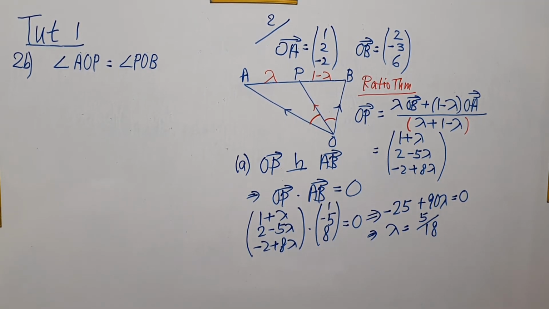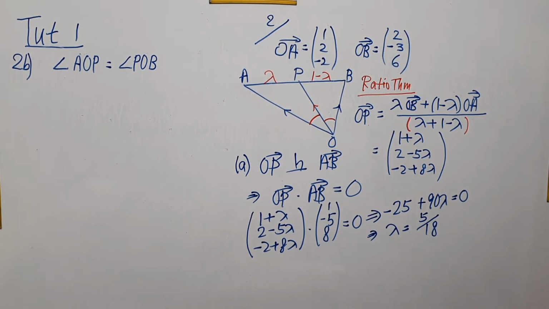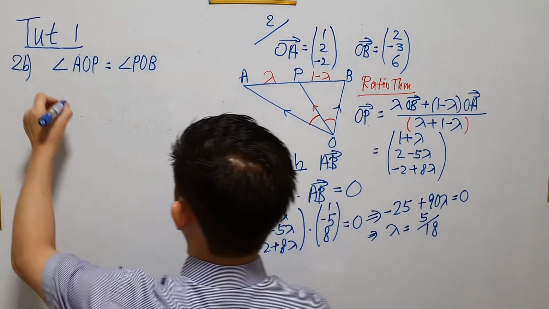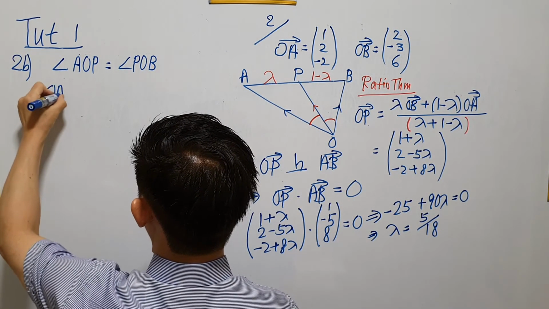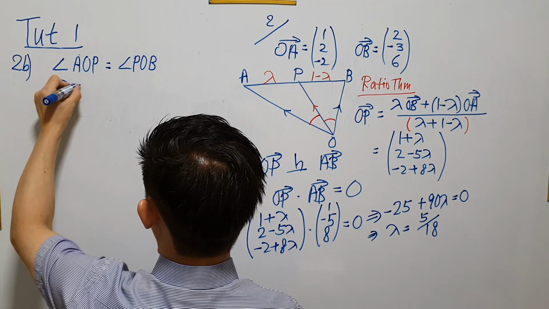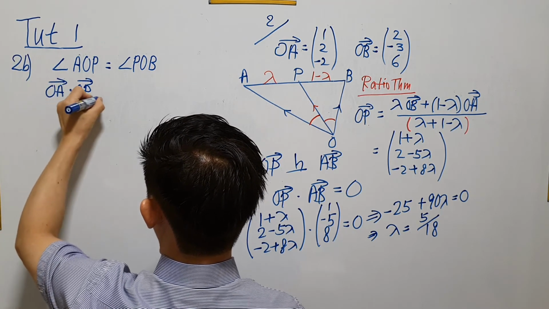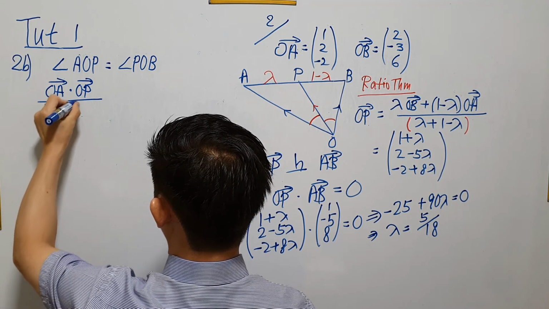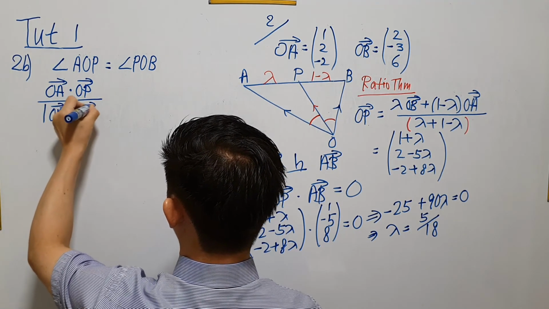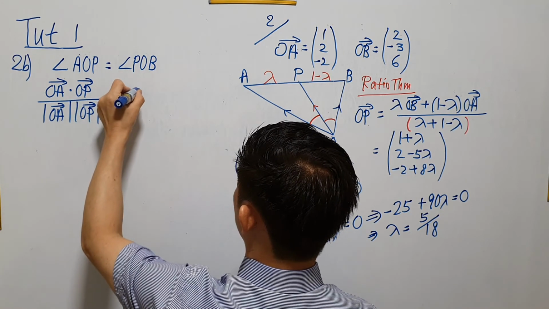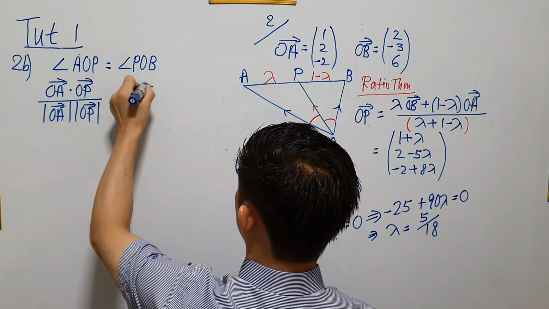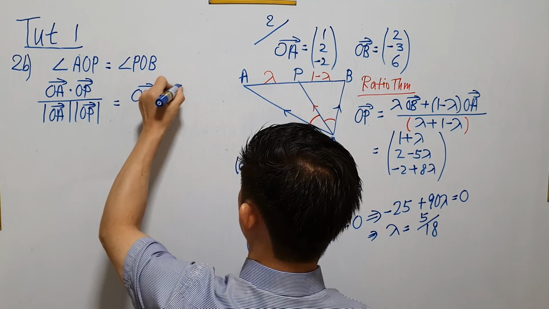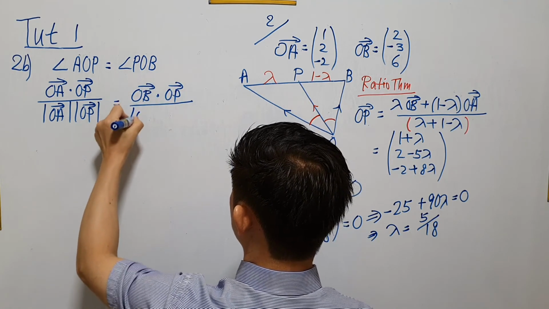Now, if these two angles are equal, then we can say OA dot OP over modulus OP is equal to OB dot OP over modulus OP.